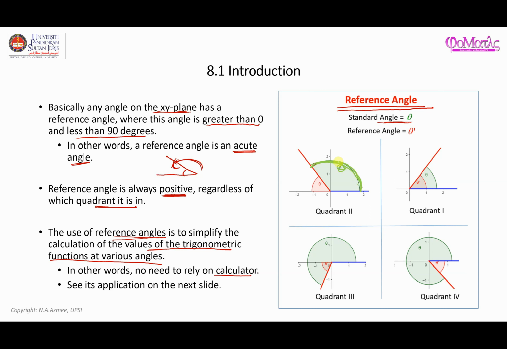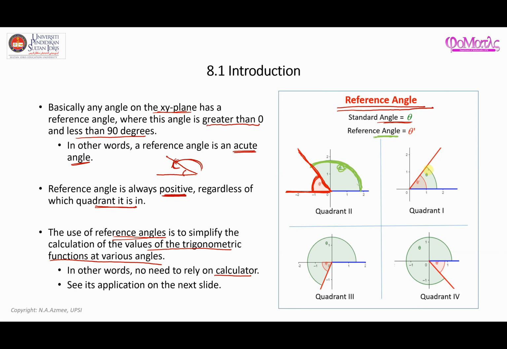Instead of dealing with this theta, we can deal with the reference angle, which is represented by the red colored theta. So when you have the original theta up to this point, your reference theta will be on the second quadrant. So this is the reference theta. So the reference theta is measured as such.